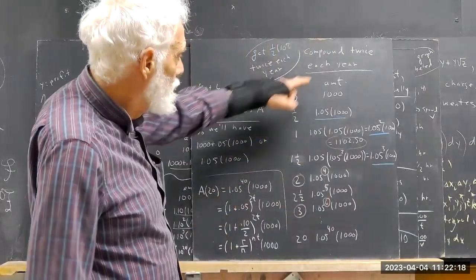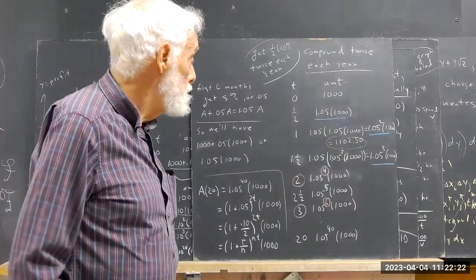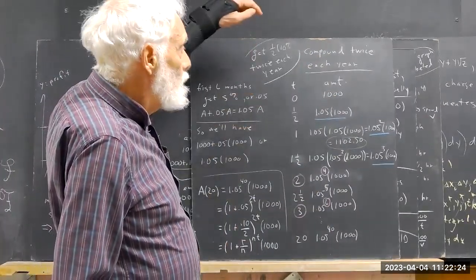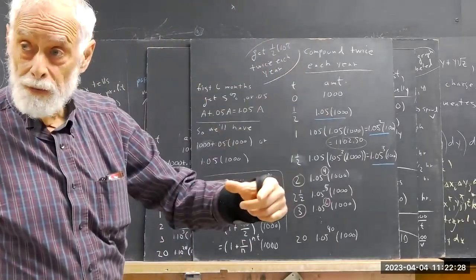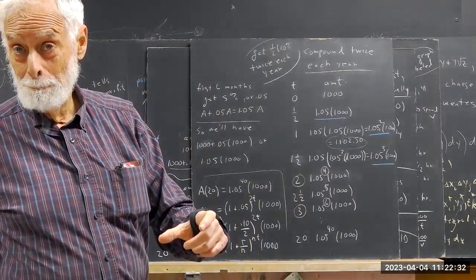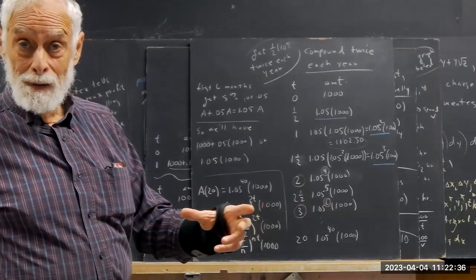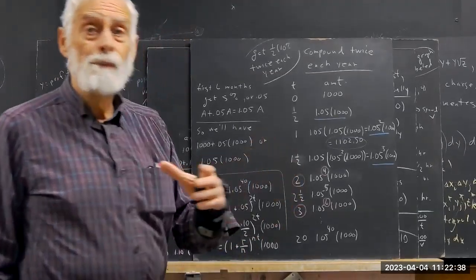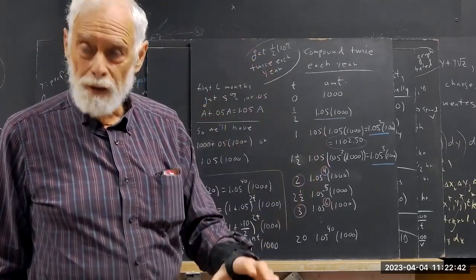If we were to compound twice each year, what does that mean? It means after 6 months, we get half of our interest. Half of our interest would be 5%. And then at the end of the year, we get 5% of that.